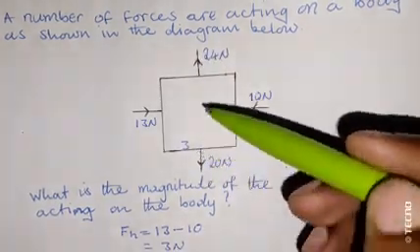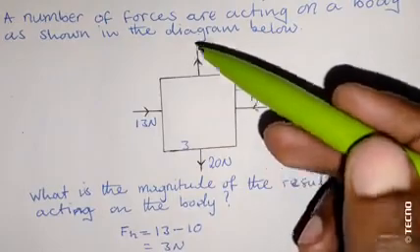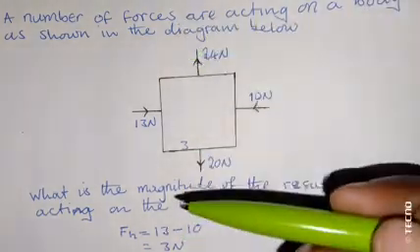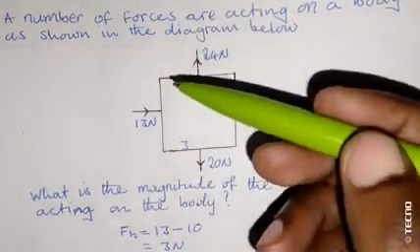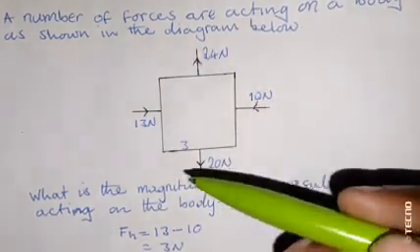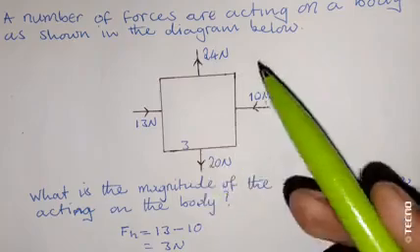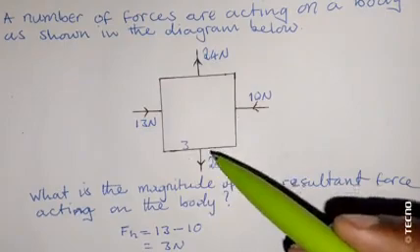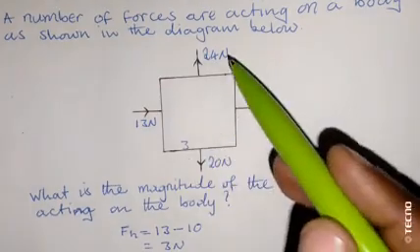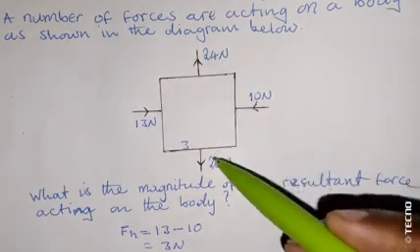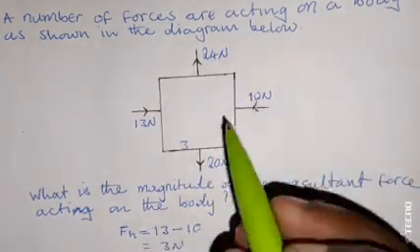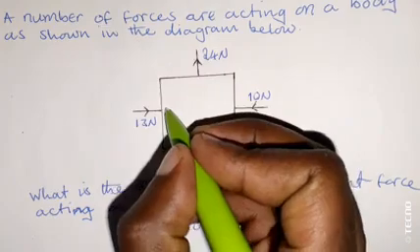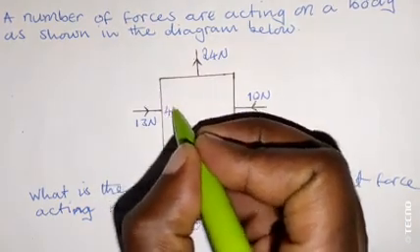Then we also have the forces acting vertically. Vertically, there is a force that is pulling upward and also a downward force. So this is the vertical force, pulling up and down. Now, which one is going to overpower the other one? The bigger force is going to overpower the lesser force. So here we simply subtract 20 from 24. When you subtract 20 from 24, what are we going to have? In this direction, you are going to have 4 Newton.